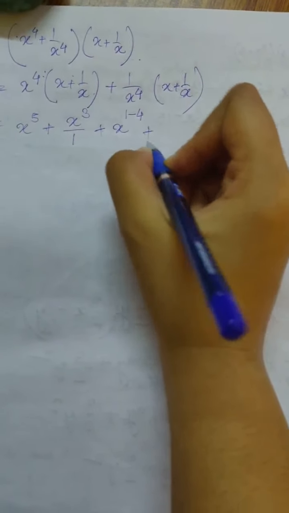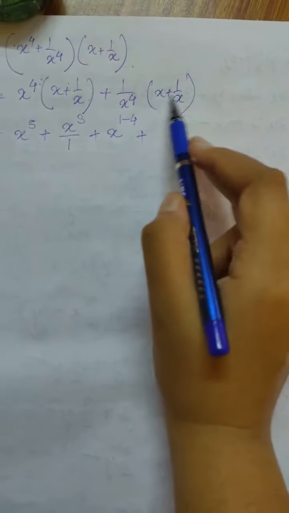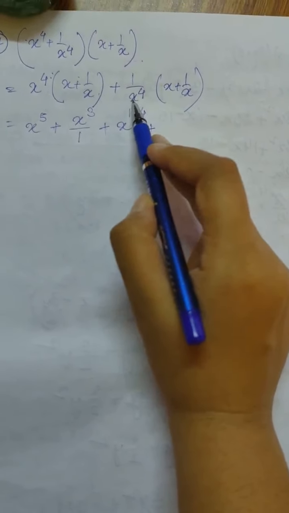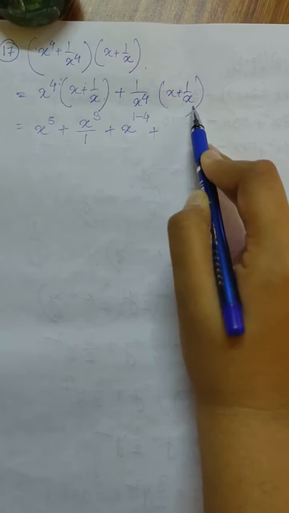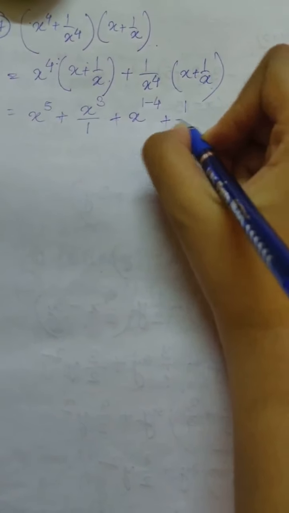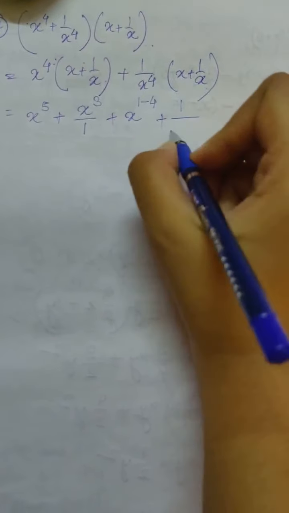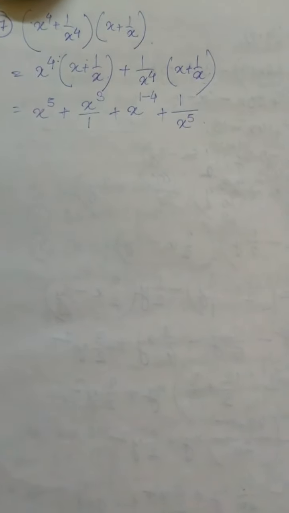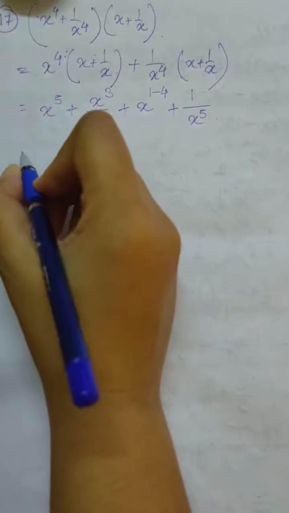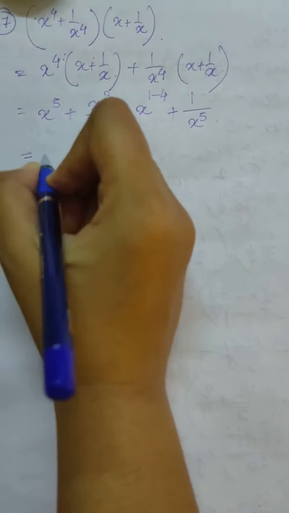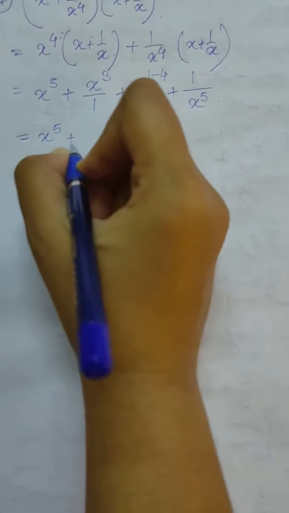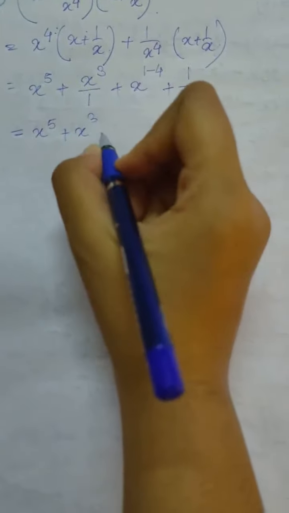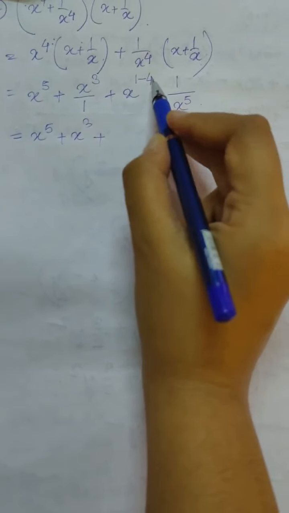Then the next one we are again doing plus here. Then in the denominator we can see that we are having x to the power 4 and x, but nothing in the numerator. So numerator we can keep it as 1, and denominator the power of x will get added up. So 4 plus 1 will be 5. So that means we are having x to the power 5 plus x to the power 3 plus, this is x to the power minus 3.